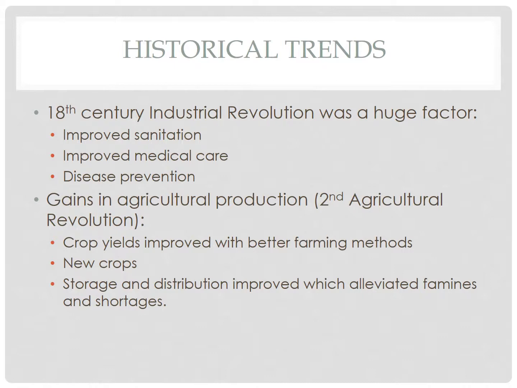So we're starting to see new crops be utilized, and utilized very effectively to feed a lot of people. And we'll obviously talk about the Irish potato famine later, but that was something that Thomas Malthus was looking at too. And then we also saw improvements in storage and distribution, and it's important to understand that things like grains can be stored for much longer periods of time than can fruits and vegetables and meat and things like that. And so that's starting to alleviate some of the population pressures from a food standpoint.